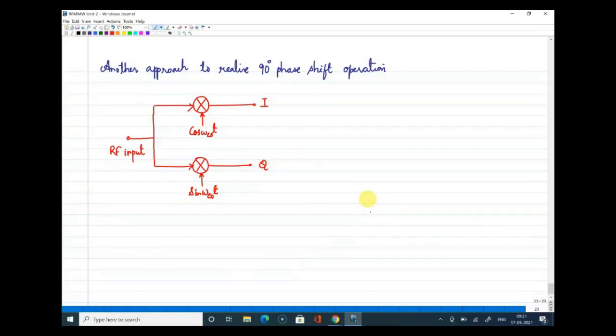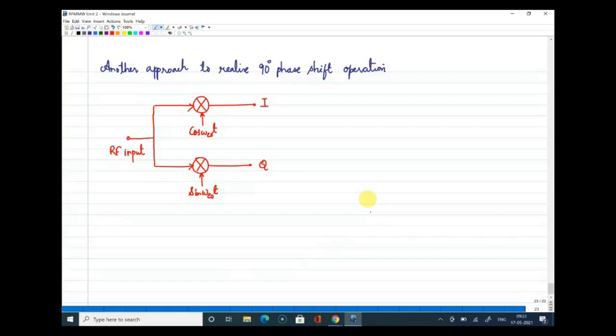When we do this, your RF input is translated in frequency, and when the RF frequency and the local oscillator frequency are different, because we are talking about a mixing operation, the heterodyning, this will give you an intermediate frequency.